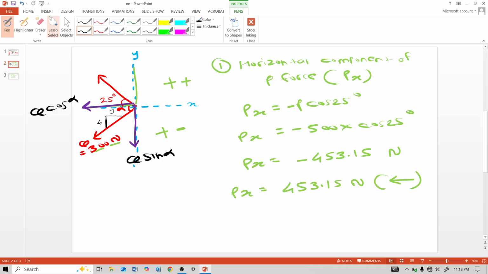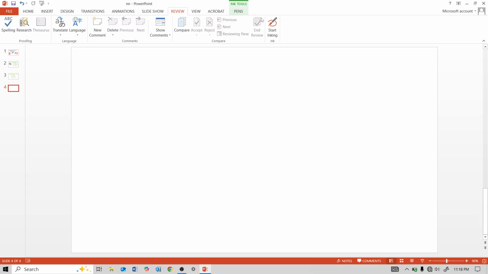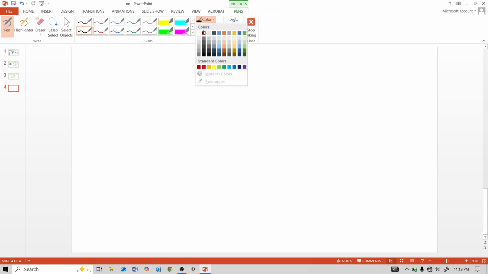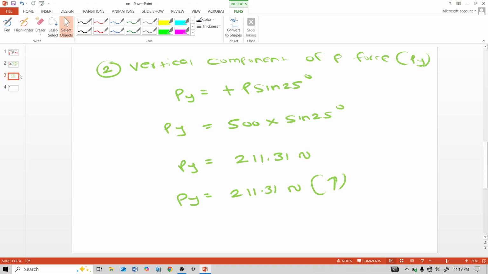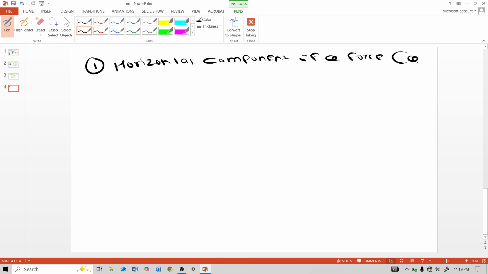So first we will resolve the horizontal component of Q force. And we will nomenclature it as Qx, and this Qx is nothing but the Q cos alpha.